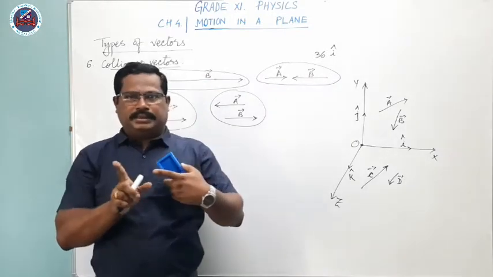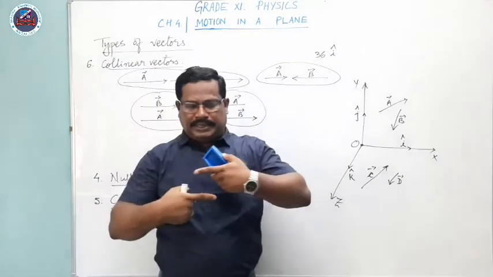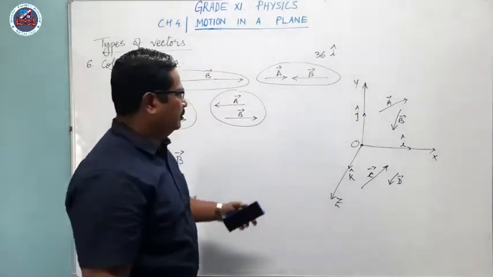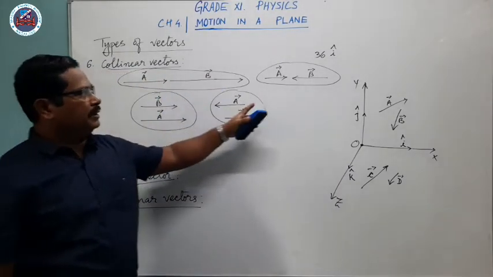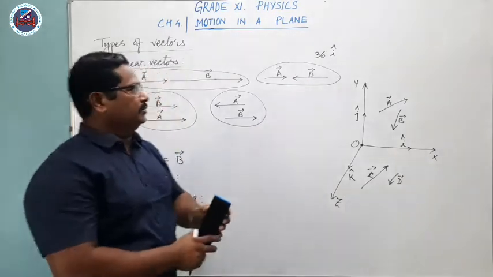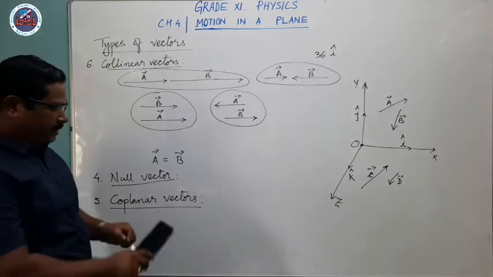They may come like this, they may go both this side, or they can be parallel also. It does not depend upon their magnitude, or they can be anti-parallel also, like this. This is parallel, this is along the same line, this is along the same line but in opposite direction. All these vectors we will call collinear vectors.